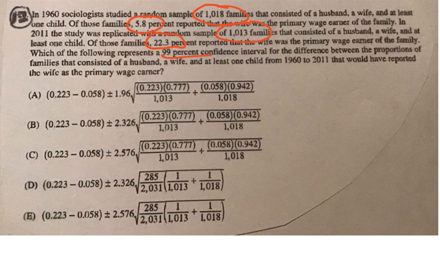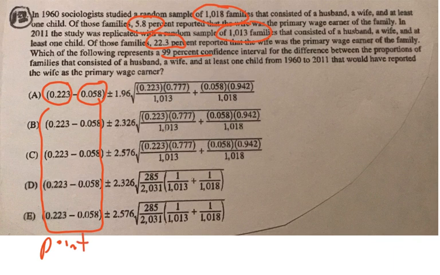So, long story short, if we want to make a test statistic or interval in this case, we're going to compare them by subtracting them, right? So notice all of these are set up correctly for the point estimate part. We call this the point estimate, right? The initial difference in this case.